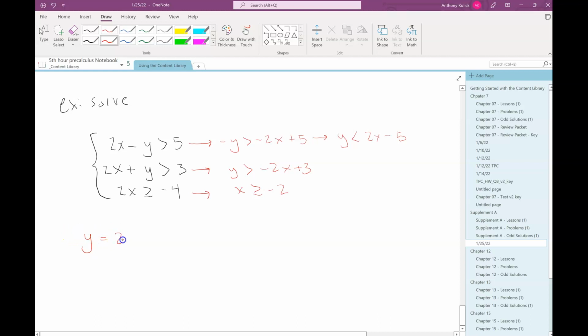All right. So we're going to then pretend these are equations and find 2 points that would lie on the line.